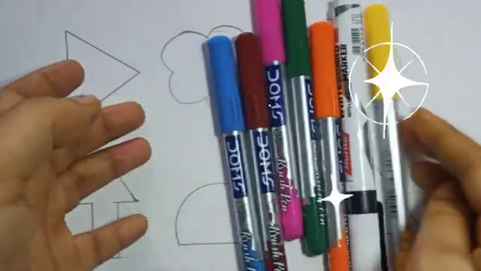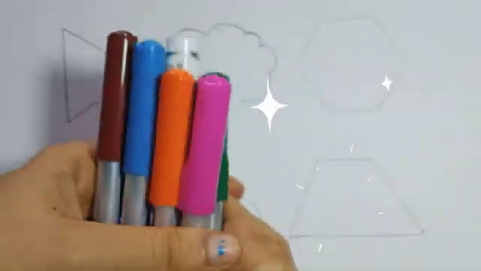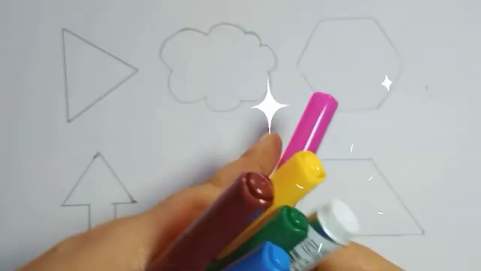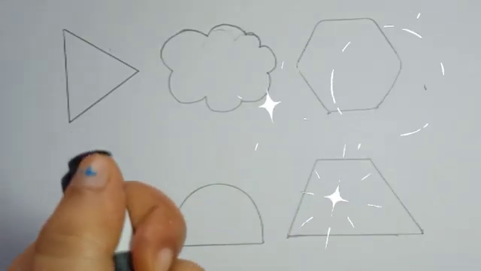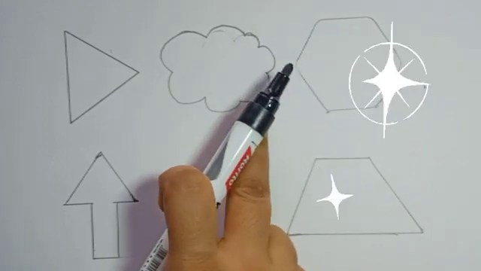Let's draw some shapes. This one triangle. This is cloud.